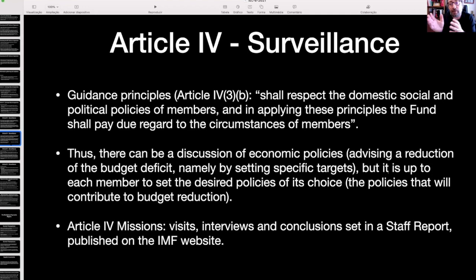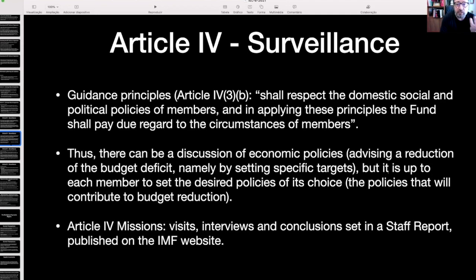You may only have access to these funds if you pursue certain economic policies or if you achieve certain economic policy goals. So this Article 4 applies to everyone, but when you look at the effectiveness of this provision, it is only really very effective if you need access to the fund.